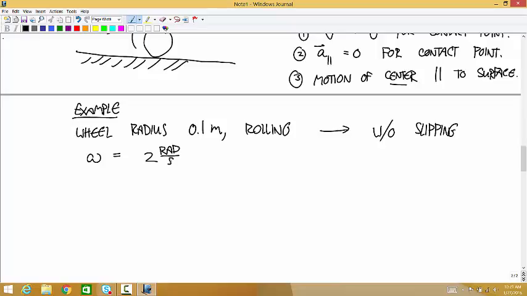If it's moving to the right, what direction does the angular velocity have to be? Yeah, right. So it has to be going clockwise, and then so in the negative z direction, if we're using this coordinate system.